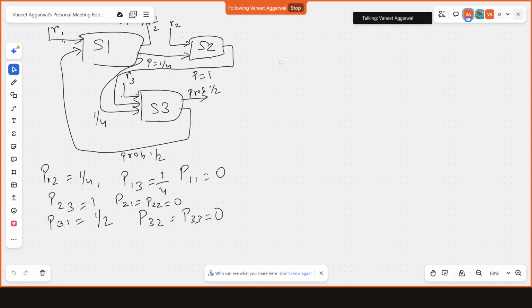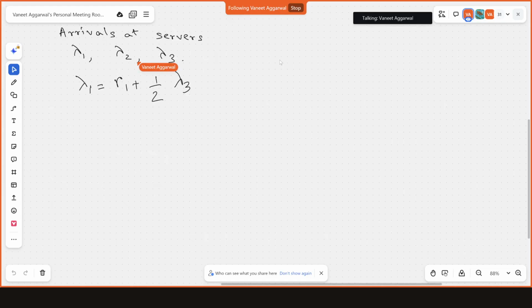R2 plus 1/4 of what? Lambda 1. Yes. Lambda 2 is R2 plus 1/4 lambda 1.